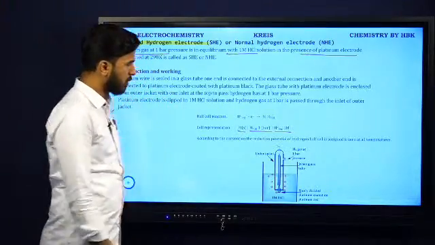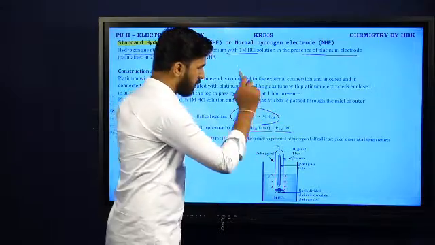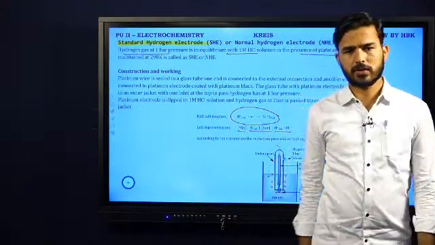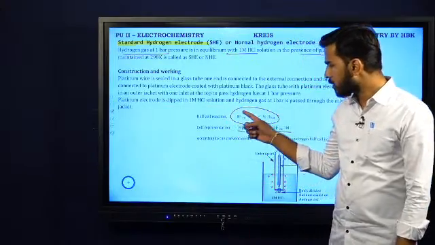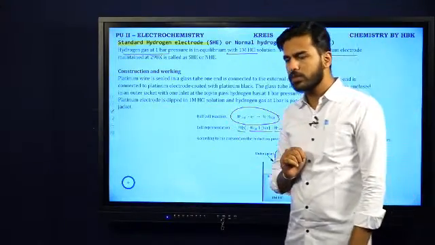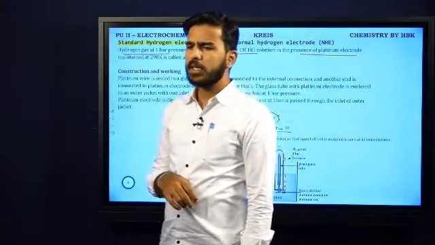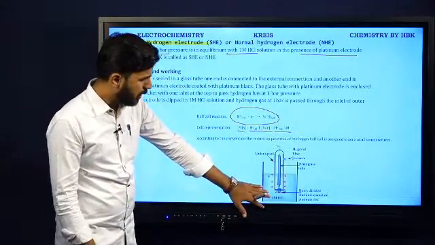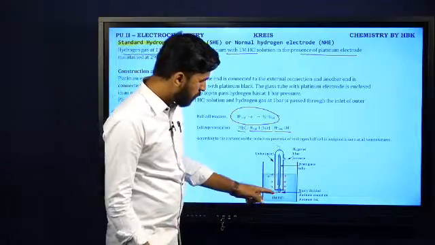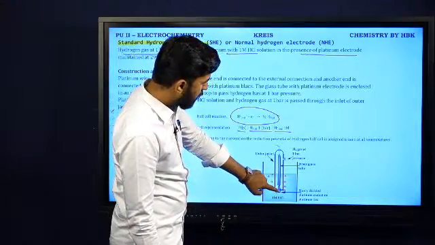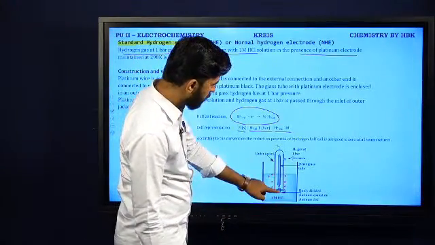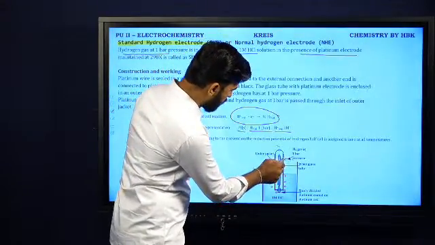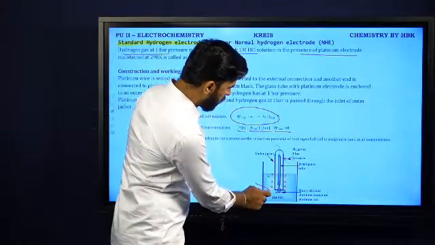So look at the cell reaction. Here they may ask: explain construction and working of standard hydrogen electrode, or write the cell reaction and cell representation of standard hydrogen electrode, or draw a neat labelled diagram of standard hydrogen electrode. So this is the standard hydrogen electrode. Here you can observe finely divided platinum. There is an inner glass tube through which hydrogen gas is passed. Here there is 1 molar HCl solution.